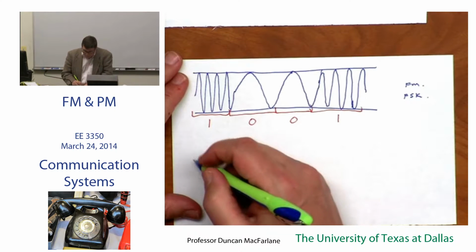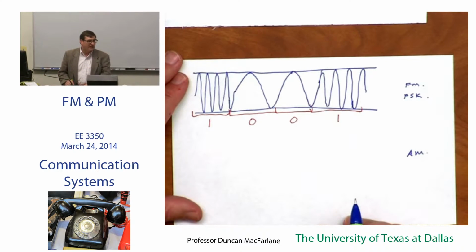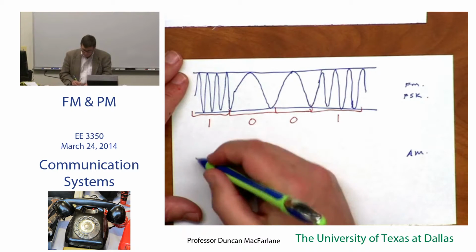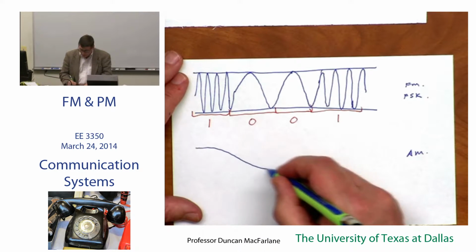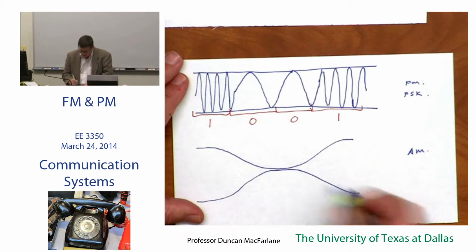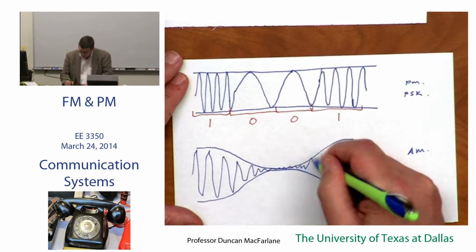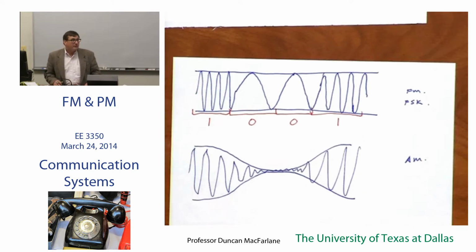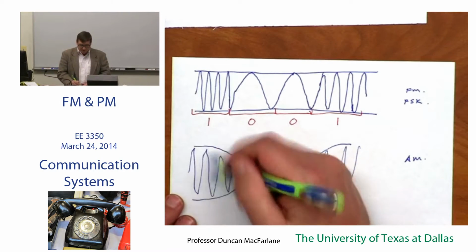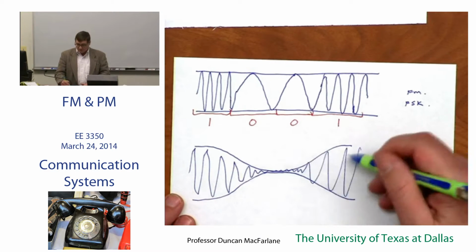And let me remind you of what an amplitude modulated signal looks like. An amplitude modulated signal, to send something sort of similar to this, would mean that I send out a lot of power here, no power, and then a lot of power there.